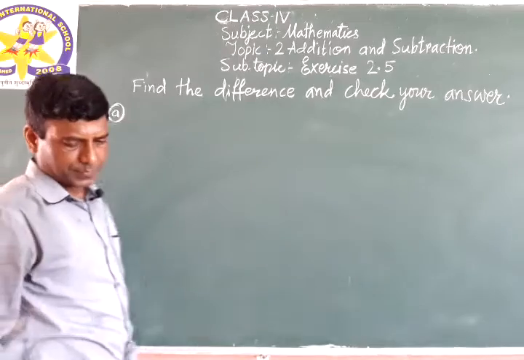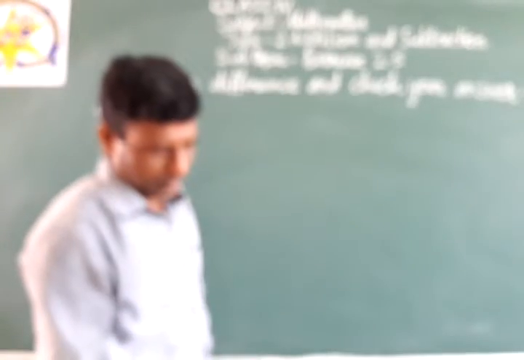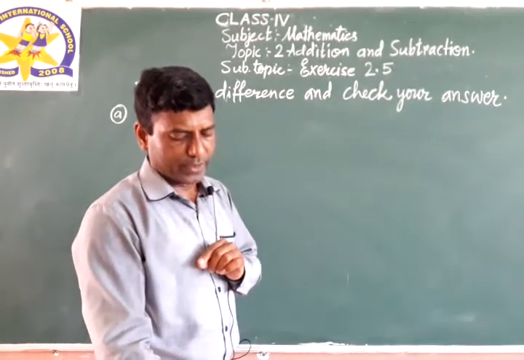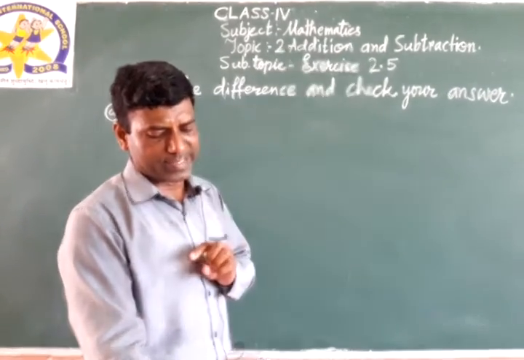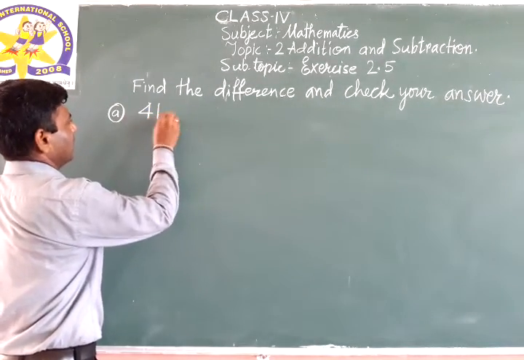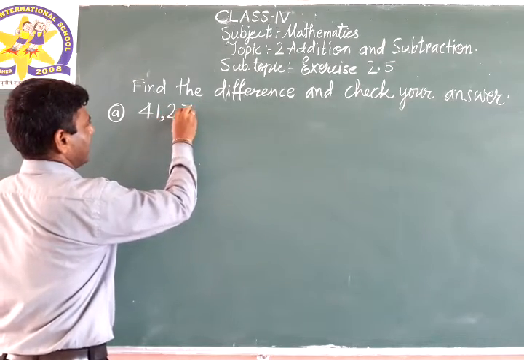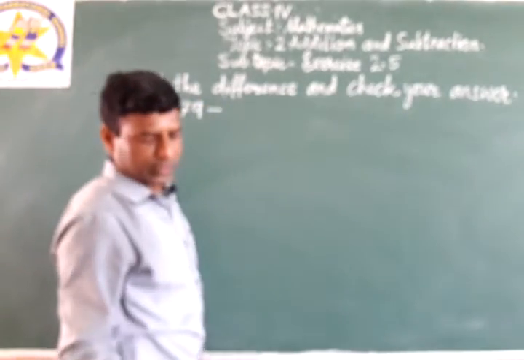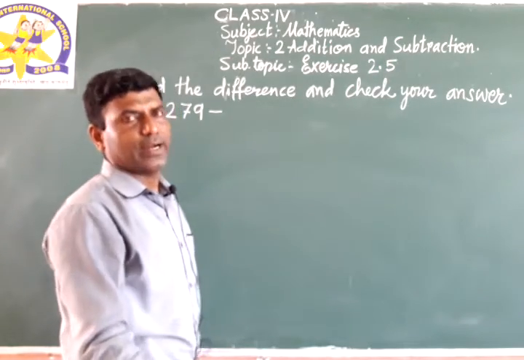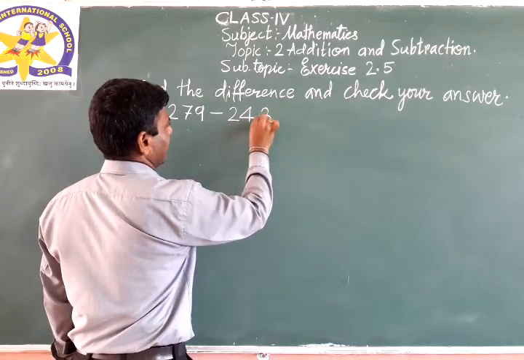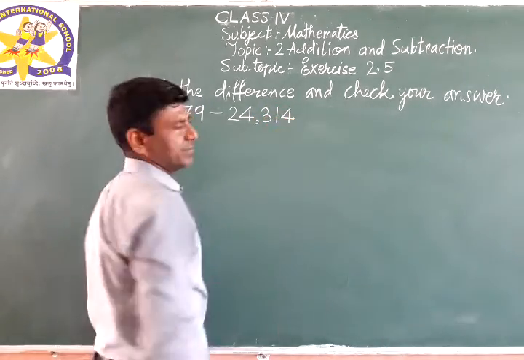A. Here no commas are there, you have to put commas. 41,279 minus 24,314.